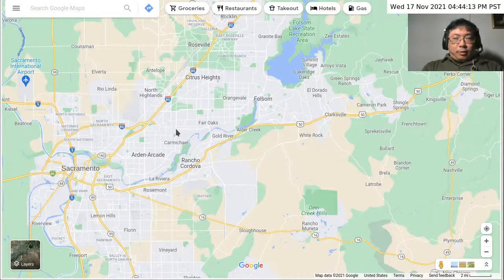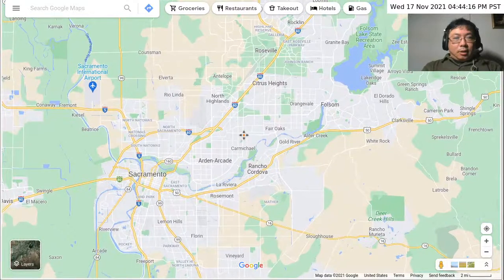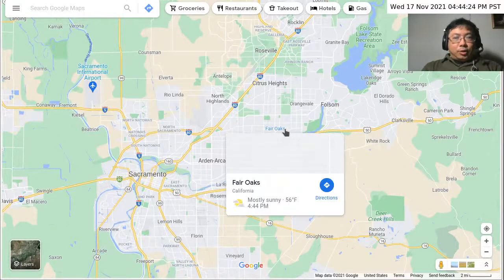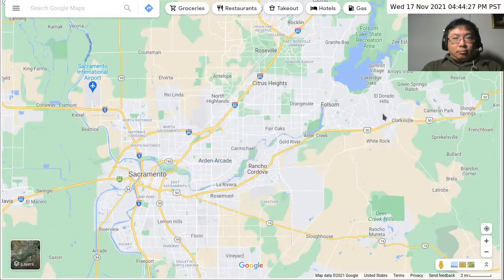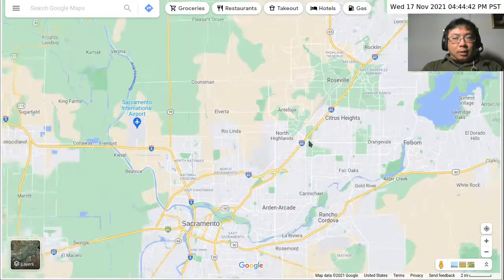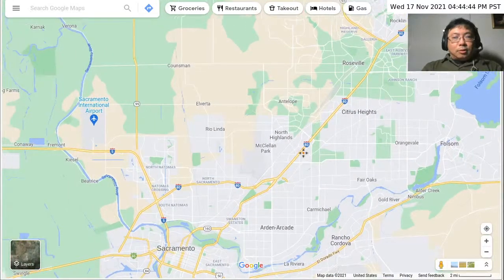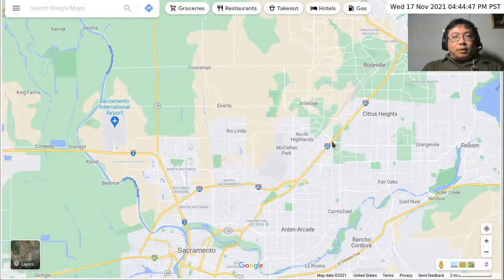For no particular reason, it's easier to specify an intersection, so I want to specify this intersection over here, which is between Highway 80 and Orangeville, which is the street. I'm trying to figure out what is the quickest way to go from here to the airport.